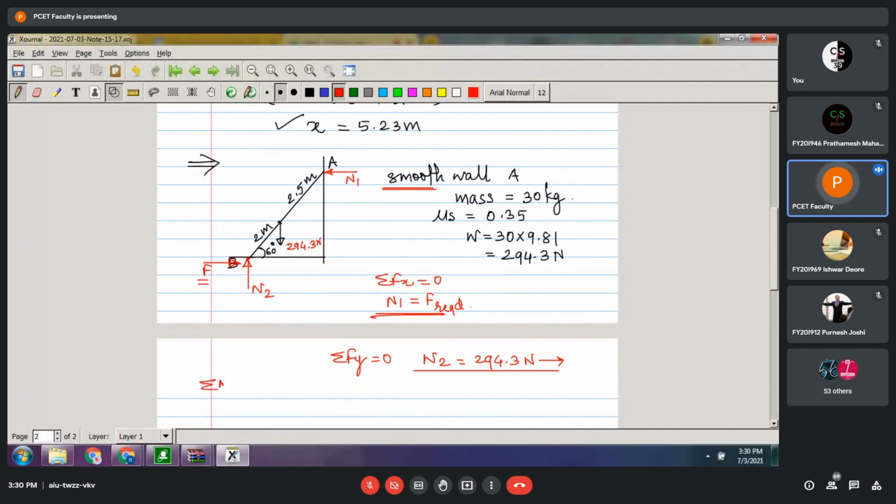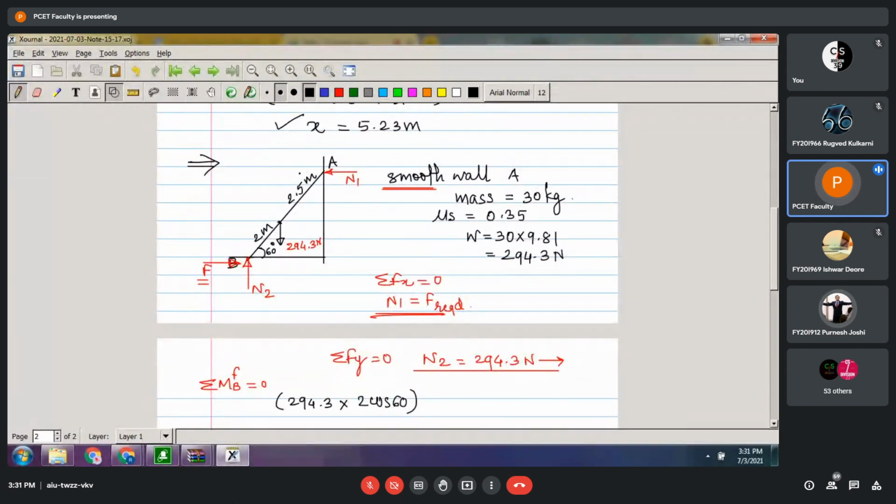So I will take moments about point B so that F and N2 will create zero moment. 294.3 will create a clockwise rotational effect, so write it with a plus sign. It is 294.3 multiplied by, what will be this distance? Can you tell me? 2 into cos 60. Horizontal distance 2 cos 60, right.